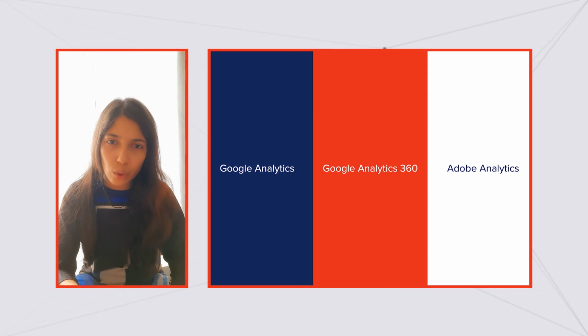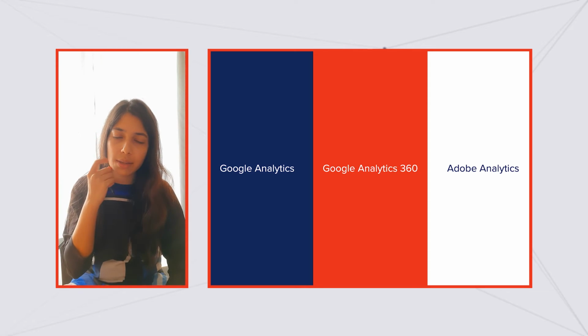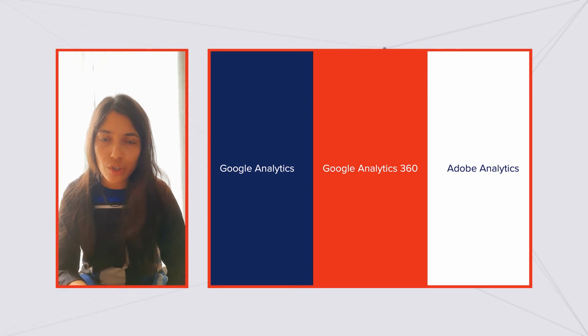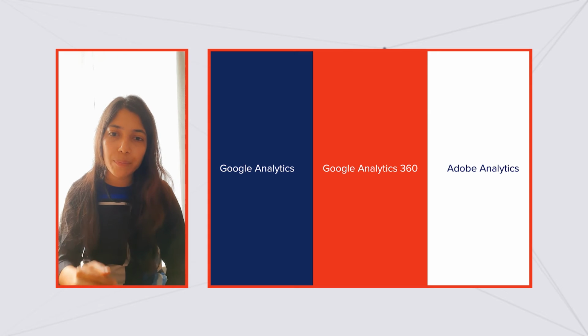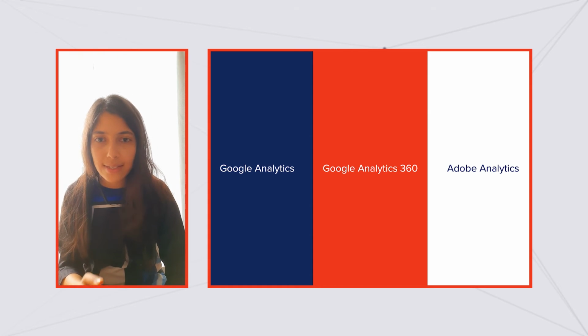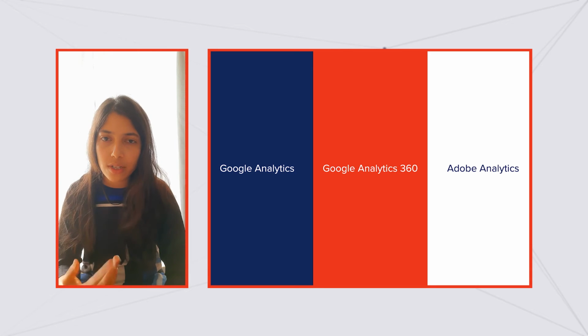As compared to Adobe, I think Google's implementation process is quite easier. Adobe, however, recommends use of Adobe Launch, which is their tag management system. But I feel that the implementation process of Adobe is quite harder than GA. It requires a lot of technical assistance and some sort of programming knowledge as well.